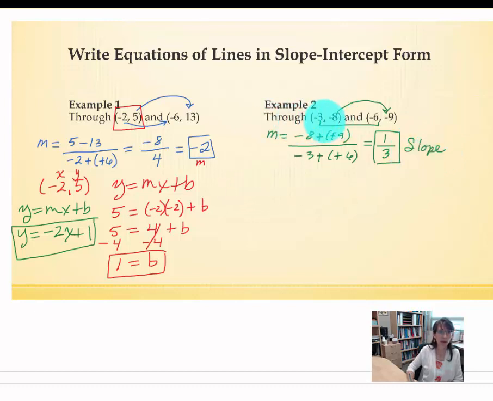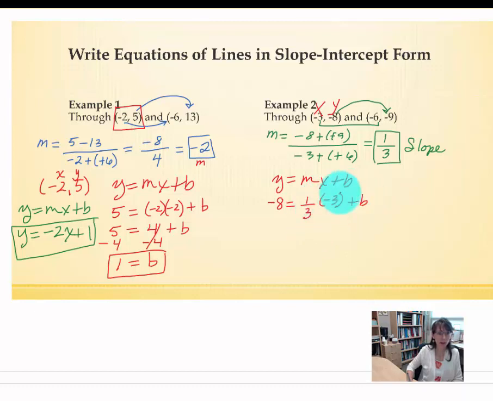And if I just go with that first ordered pair, x is -3 and y is -8. So using y = mx + b, I make the necessary substitutions. -8 equals slope of 1/3 times x value of -3 plus b.